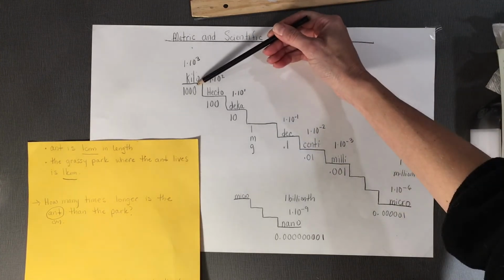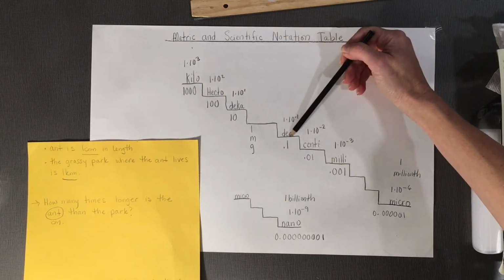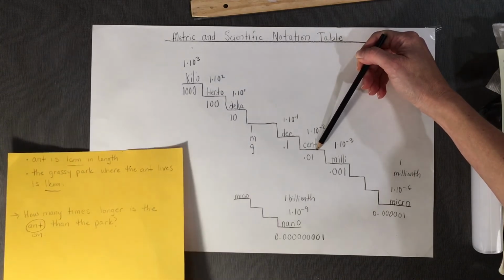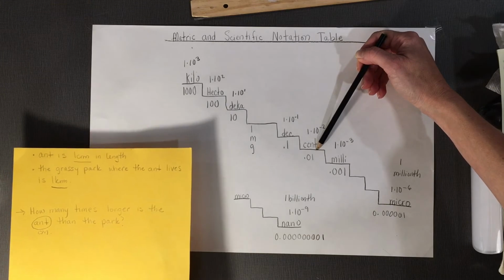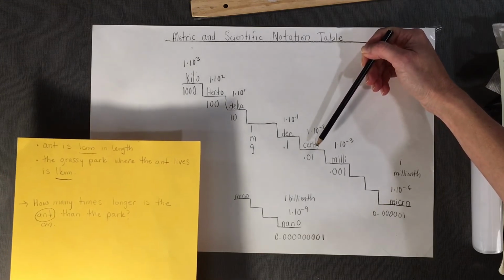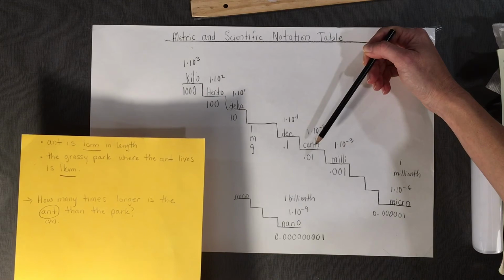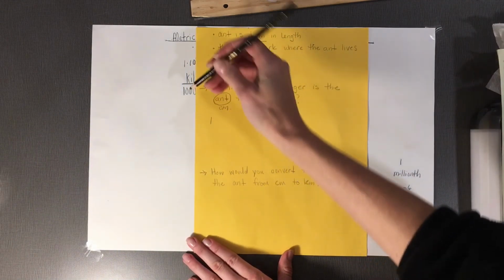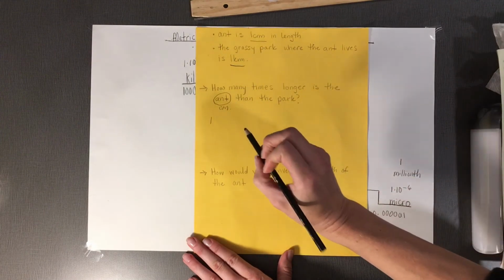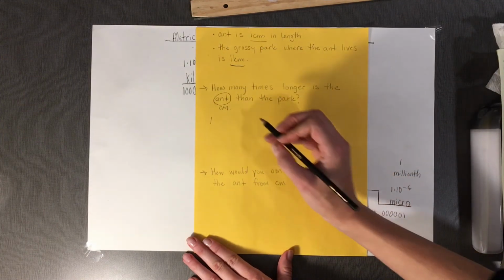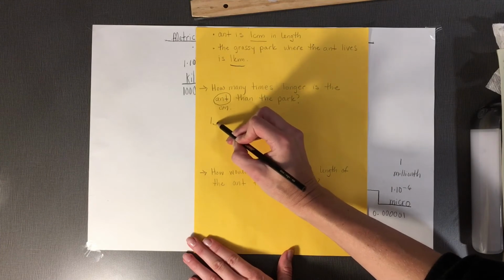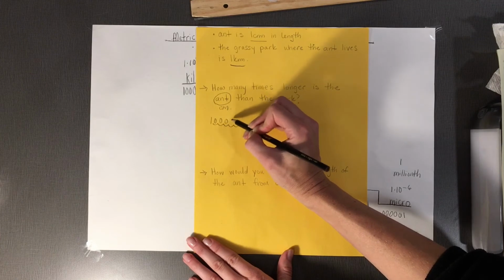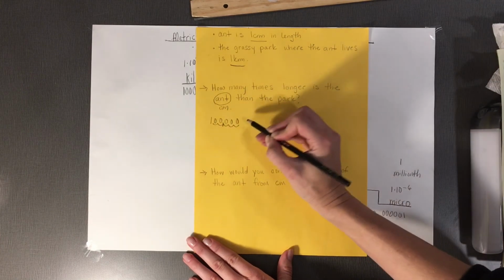We go down the steps, 1, 2, 3, 4, 5 steps. That means we're going to move our decimal point over 5 spaces. If you go down the steps, your number gets larger. 1, 2, 3, 4, 5. 100,000 centimeters.